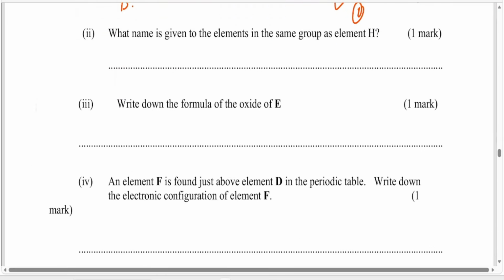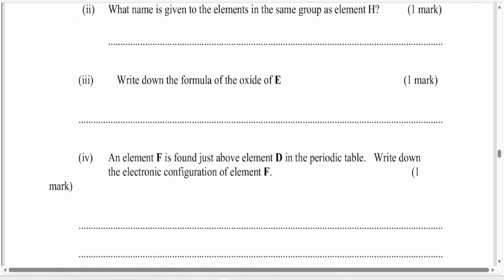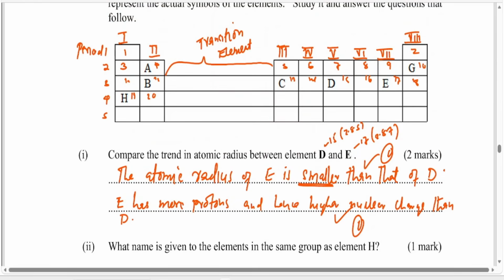Roman 2 of this question. What name is given to the elements in the same group as element H? We have element H. We have 4 major families and we have groups in this particular periodic table. The first group is group 1, where we find a family that we call alkali metals.